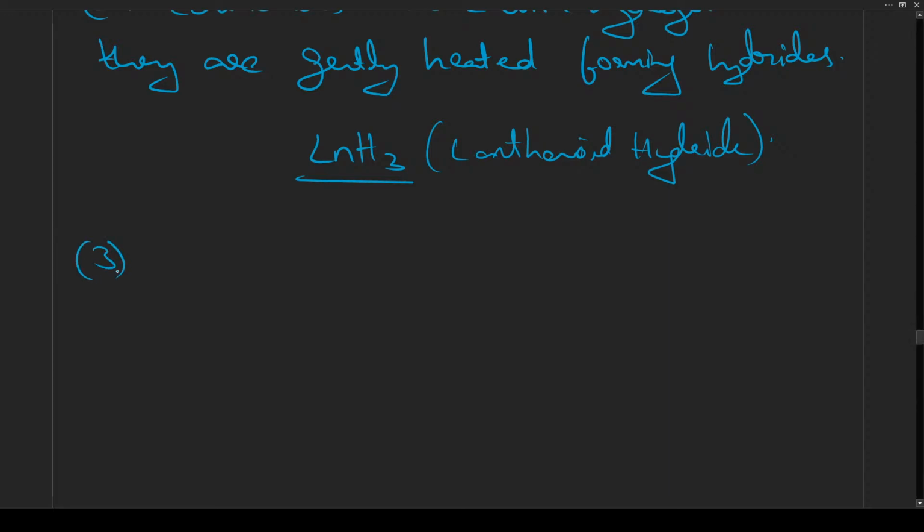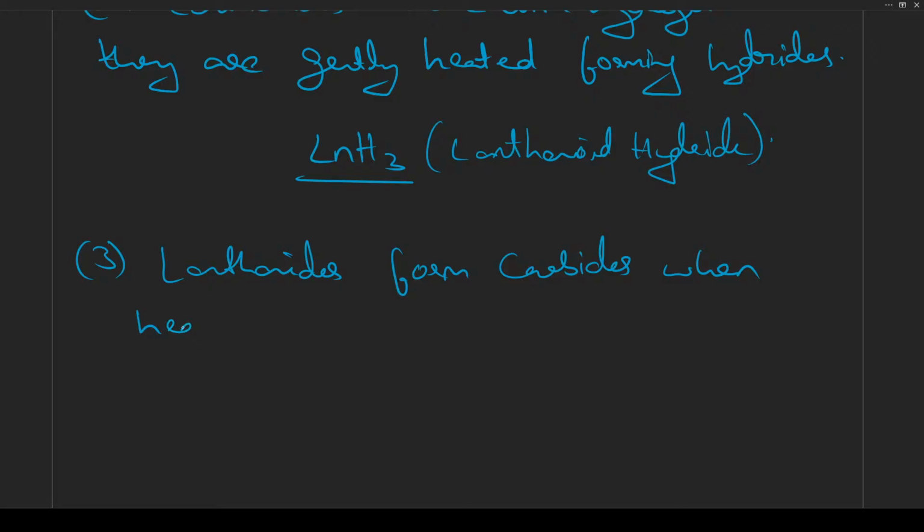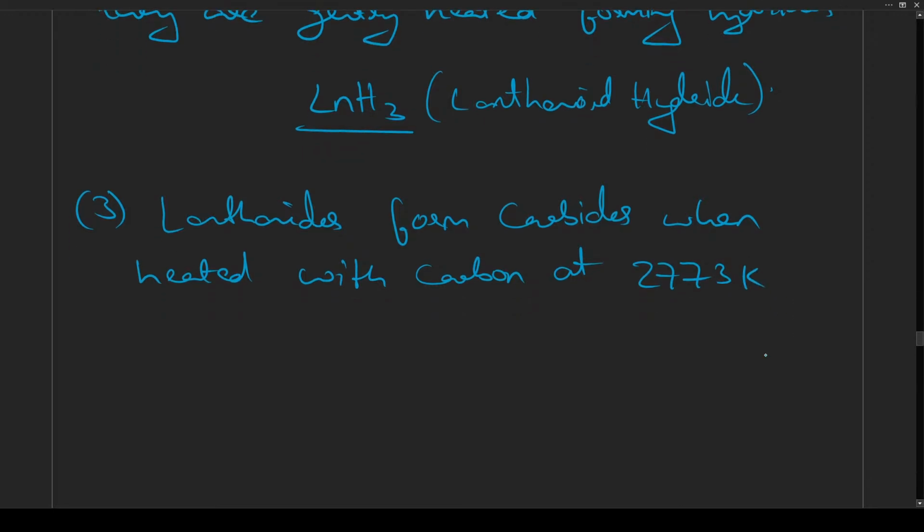Three, lanthanides form carbides when heated with carbon at 2773 Kelvin, a very high temperature.